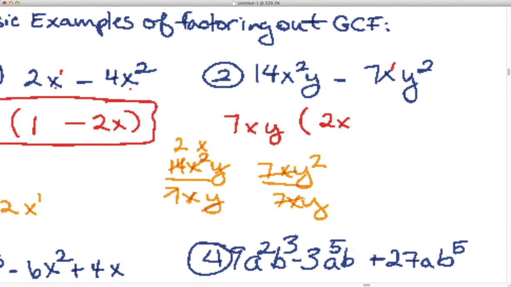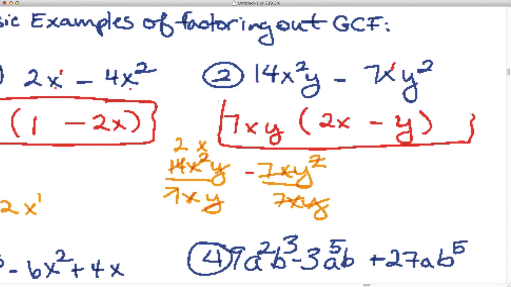You can see the 7x's cancel and one of the y's cancel, and you're left with, it was a negative sign, I forgot the negative sign, so minus y. Okay, again, you could distribute to check. 14x squared y minus 7xy squared, so yes, that is correct.